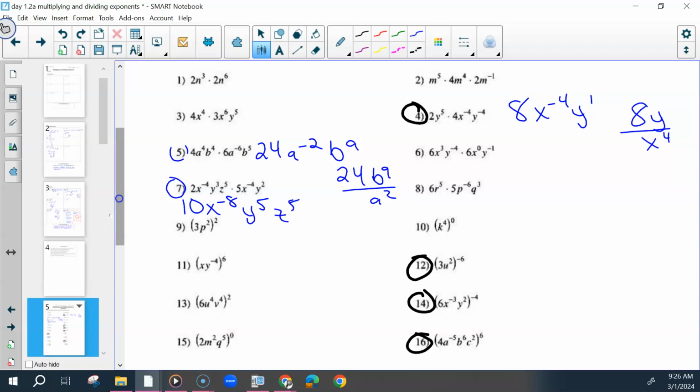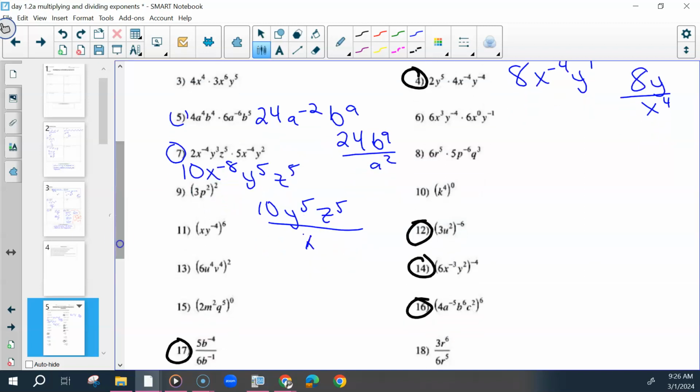And then x would come down. Do you have any confusions about the ones we've done so far? Something not making sense?